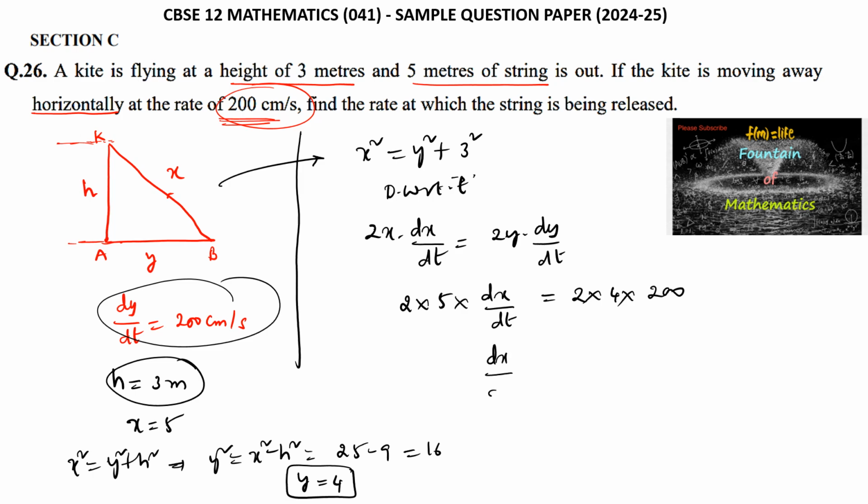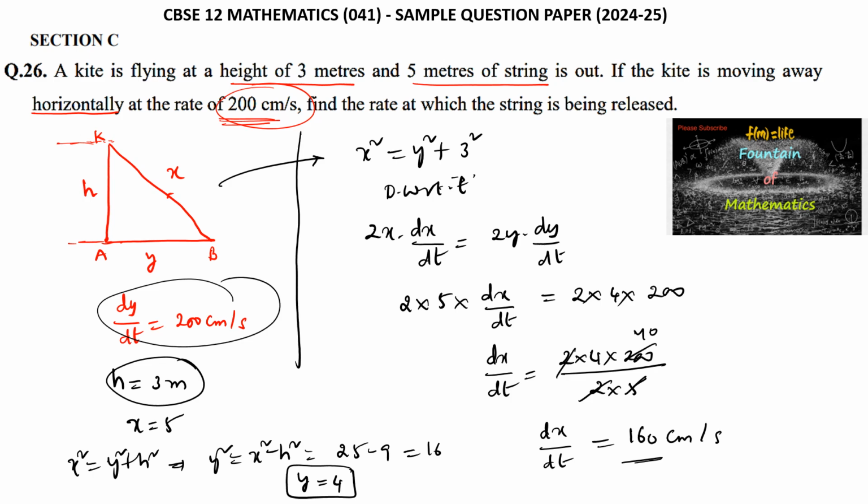So dx by dt is equal to 2 into 4 into 200 divided by 2 into 5. So we may cancel 5, 40 times 4 is 160. So dx by dt is equal to 160 centimeters per second.